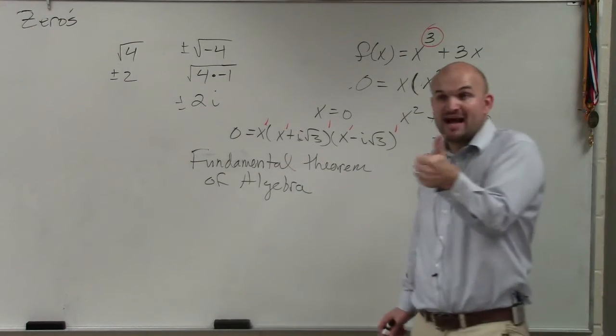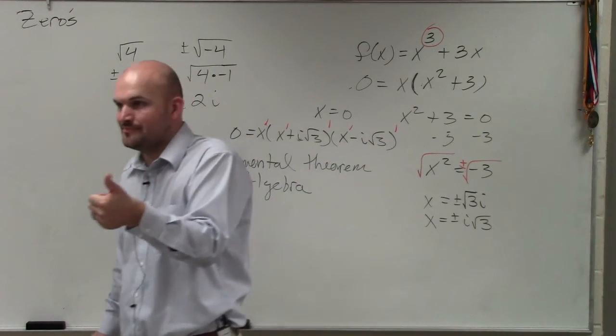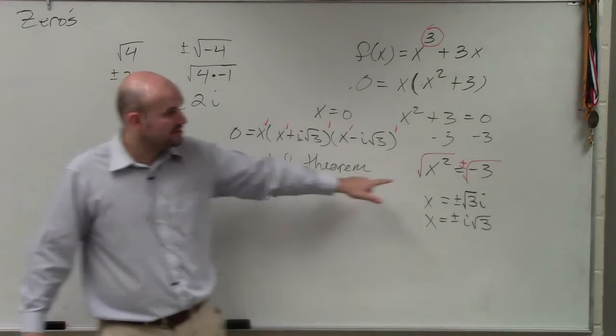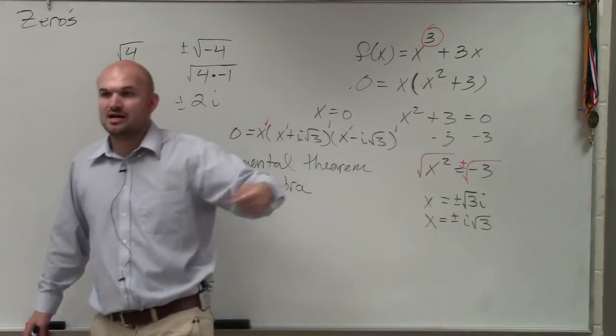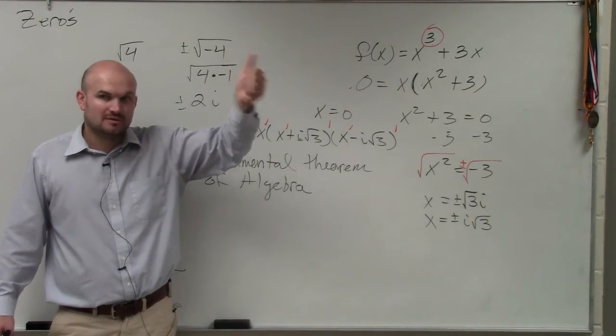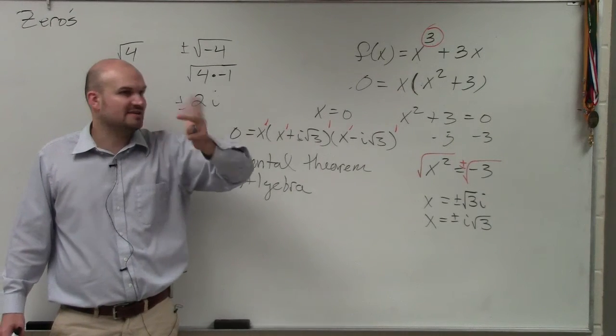We've already discussed rational zeros, right? We like rational zeros. Those are numbers and fractions. Those are easy. But then we also talked about irrational zeros, the square roots. And then today we're talking about complex zeros. So you could have rational, irrational, or complex, positive and negative.